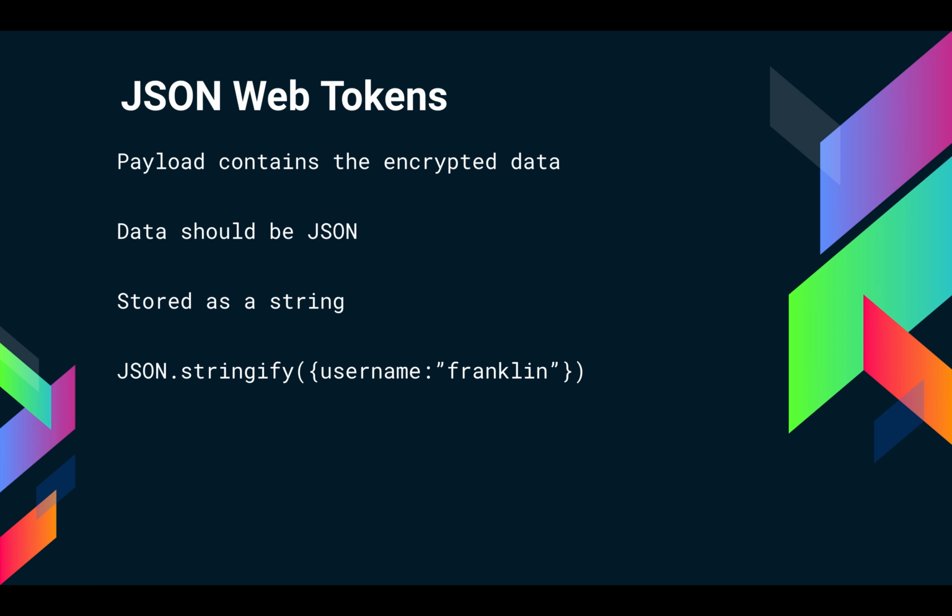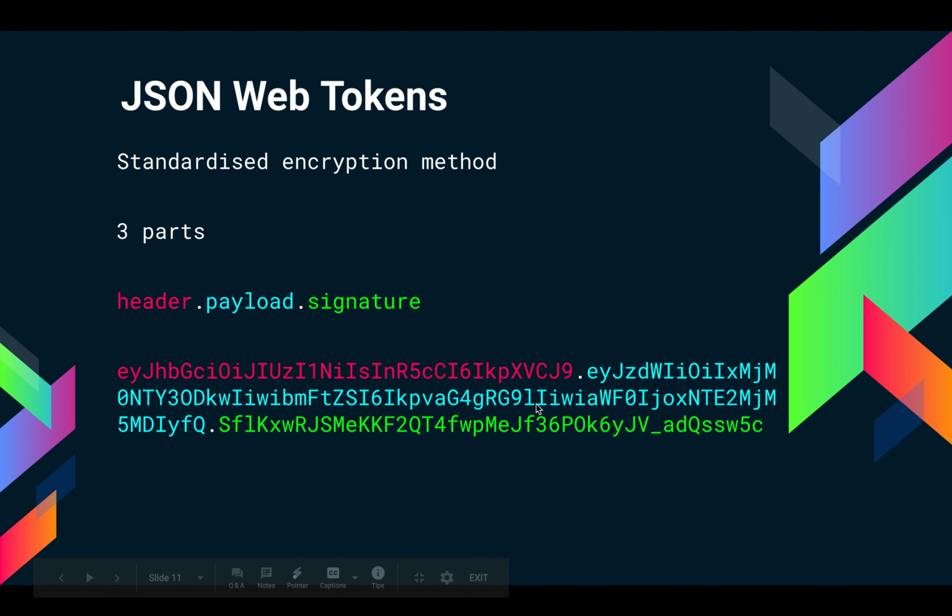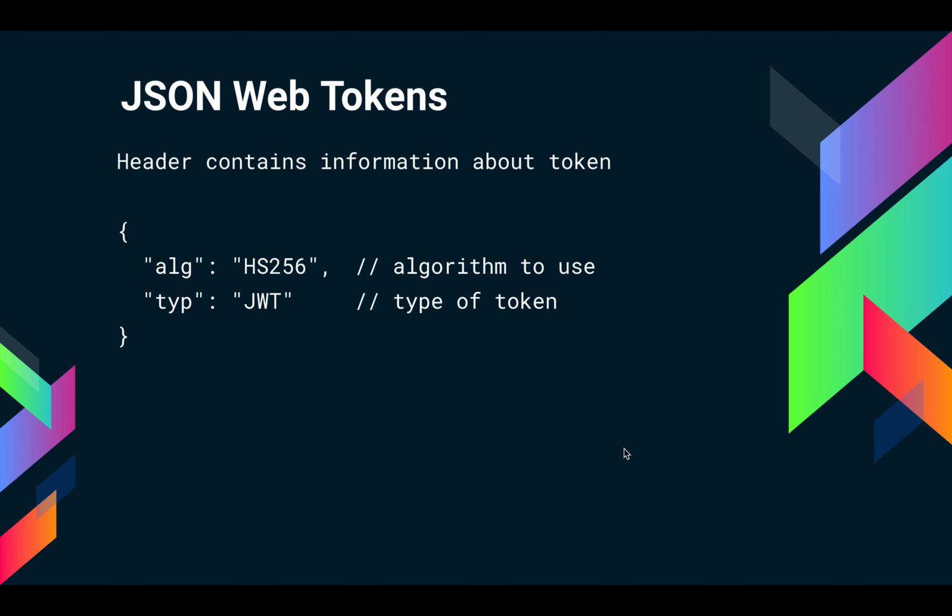It is stored as a string. So here's an example: JSON stringify an object with a key of username that has a value of Franklin. That could be the payload, and it gets encrypted into this blue section, and it's represented by a bunch of random characters.